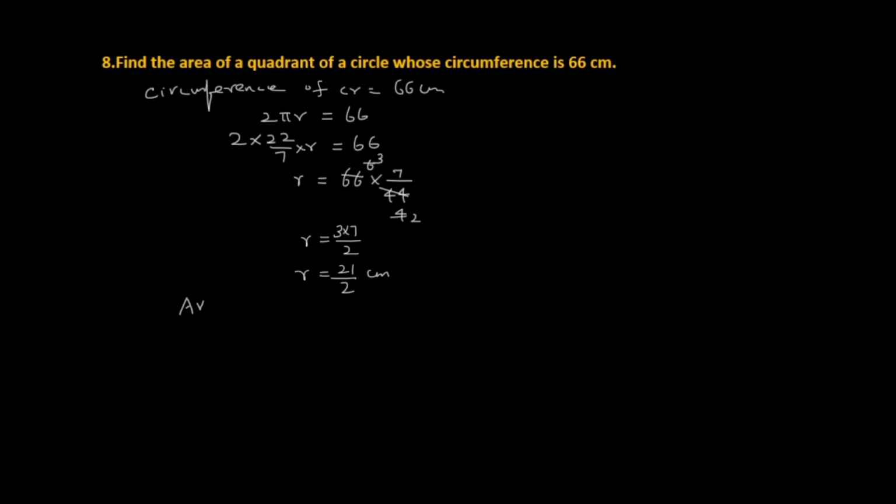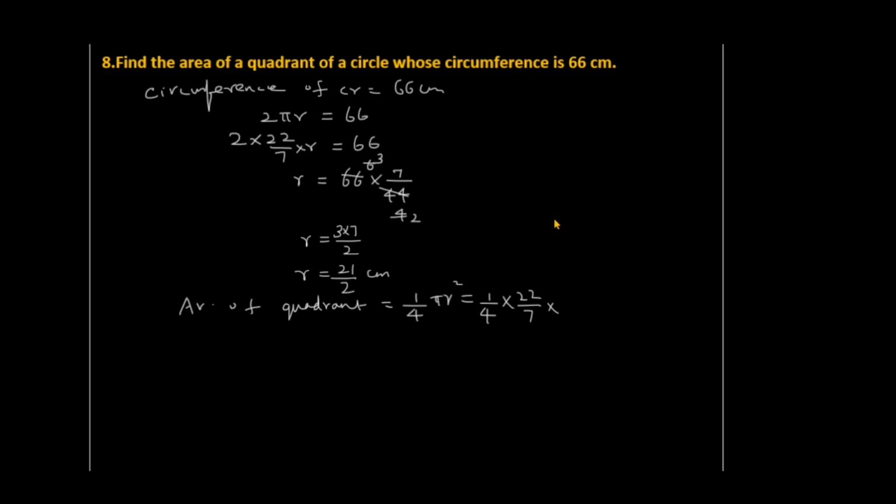Now area of the quadrant. Quadrant is 1/4 of the circle's area, 1/4 of pi r squared. So 1 by 4, 22 by 7 into r, which is 21 by 2, squared. We no need to replace 21 by 2 squared, we can write that twice. Then only the cancellations are easy.